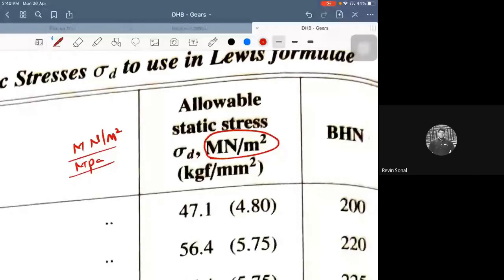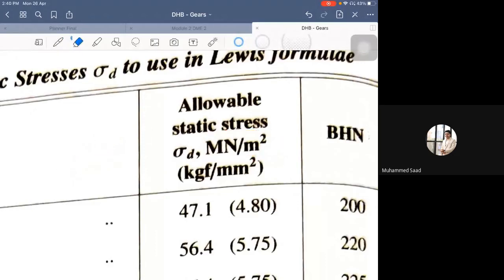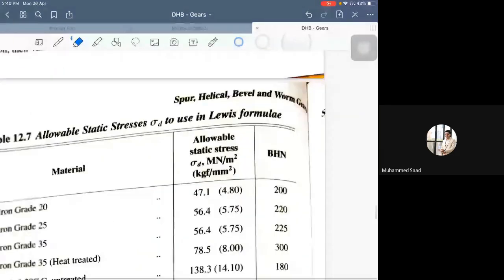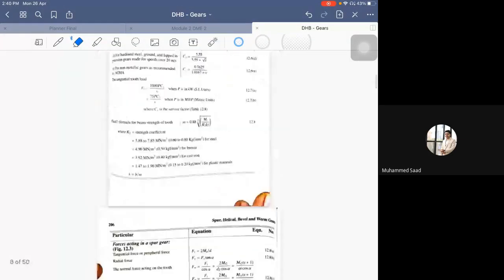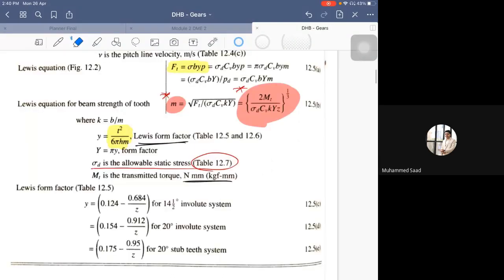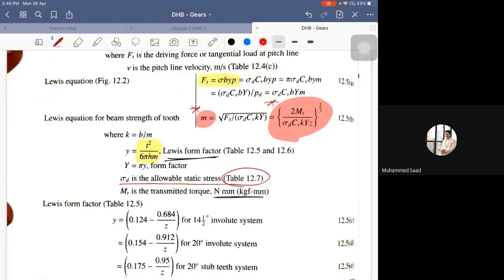Got it, everyone? Yes, sir. So this is how you hunt in your data handbook. Okay, now come back to it. Now, all of you, in your data handbook, for the safer side, just write there using a pencil, substitute in megapascal.